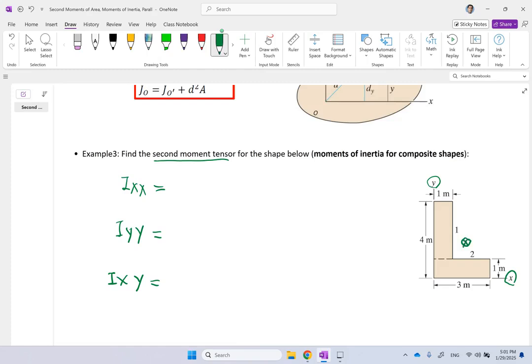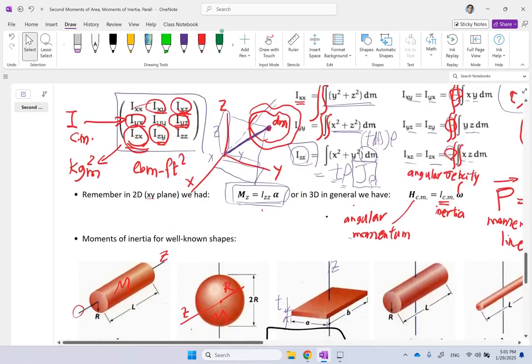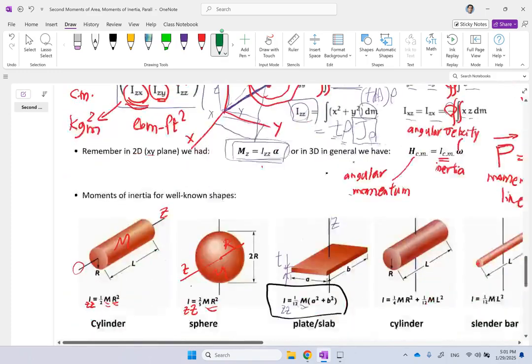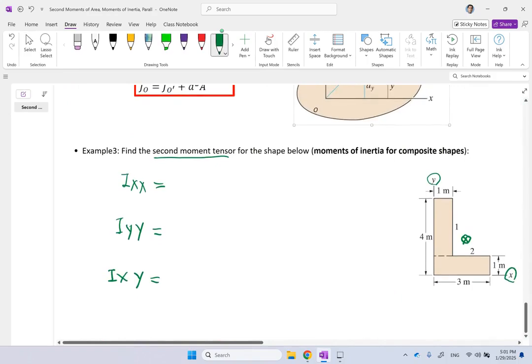And even if I had a table that has L in it, which most of these tables typically don't, even if they did, when they gave me IXX and IYY, the X and Y in those tables are like this. They are passing through the centroid. So they would give me I for these two axes, not these two.